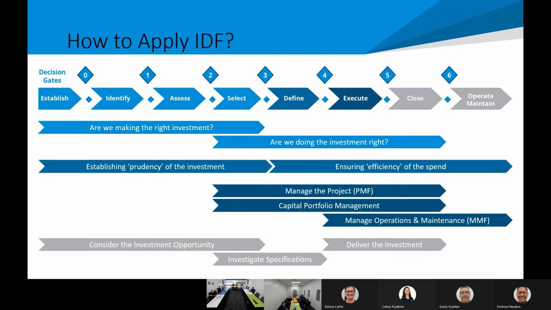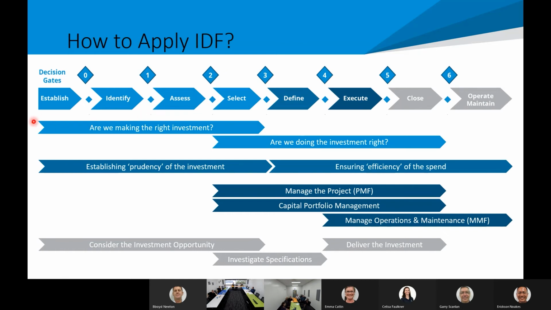So how to apply the IDF? Fundamentally, to apply it, we're using a series of phases, which are the establish, identify, assess, and then we're using a series of gates to step us through. So across the top there. What made it seem like such a beast in the start is that in applying the IDF, there's a number of things that we're trying to establish or do or encompass.